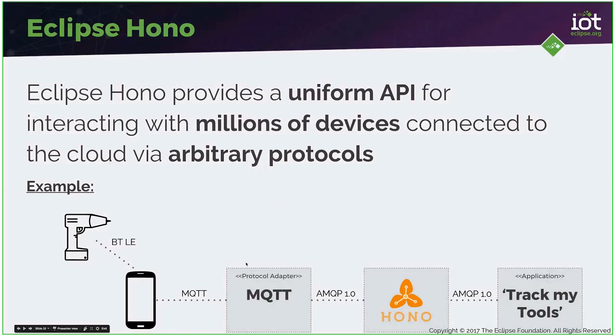Maybe some devices will talk MQTT, other devices might talk OMA-DM and whatnot. Hono takes care of the protocol adapters, feeding the data into the Hono instance, so it translates protocol XYZ to AMQP.